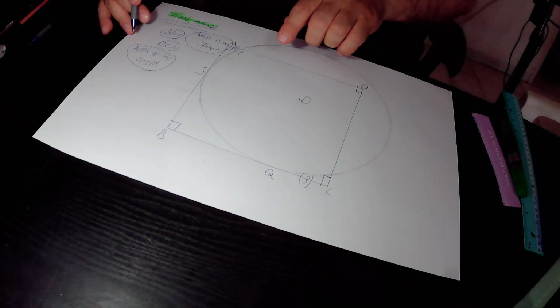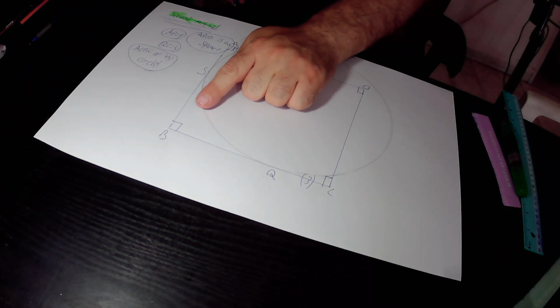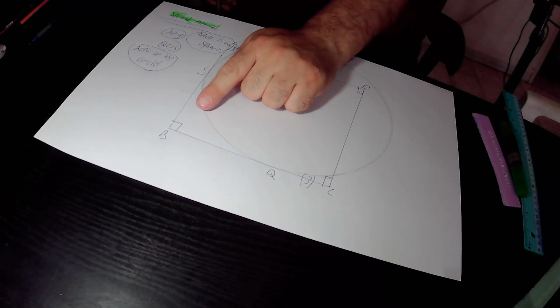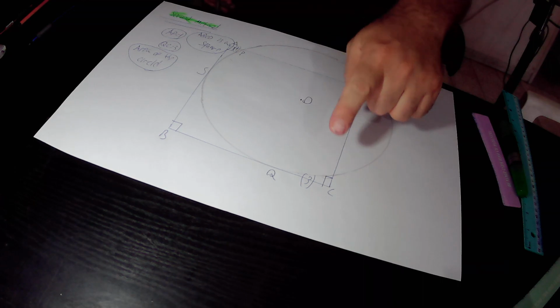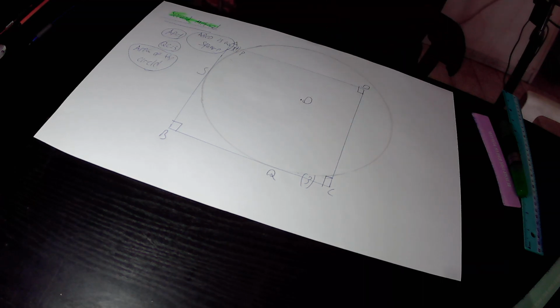In the next step, we focus on this common extreme point, point B. From this common extreme point, point B, we have two tangents to this circle, tangent BS and tangent BQ. And these two are equal to each other.